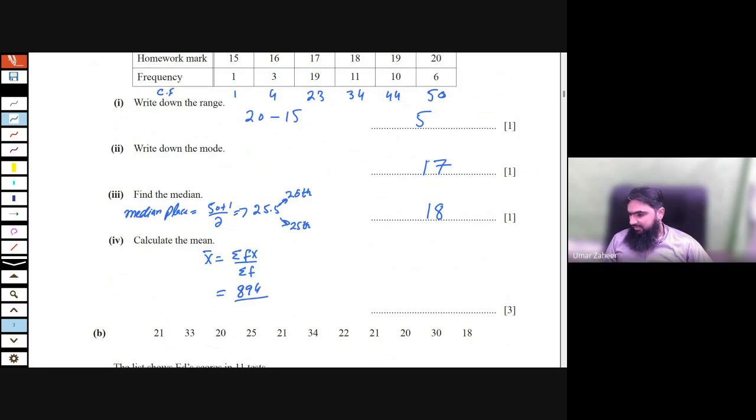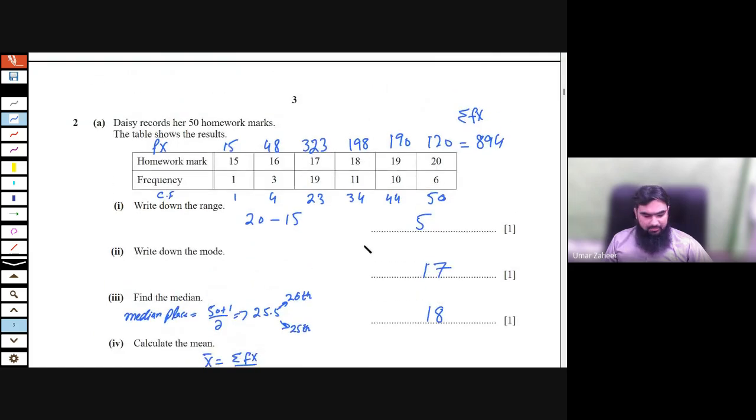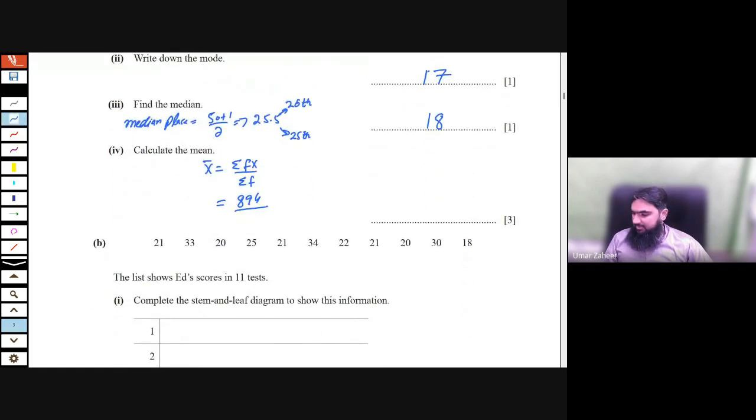The summation of f we don't need to find, it is given here as 50. Divide by 50. Yes, divide them. The final answer is 17.88.